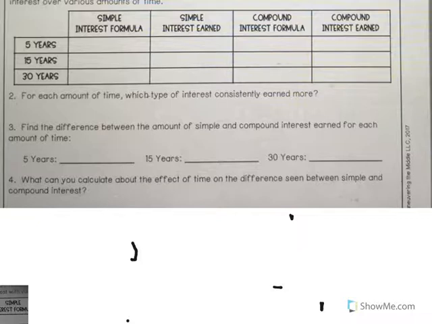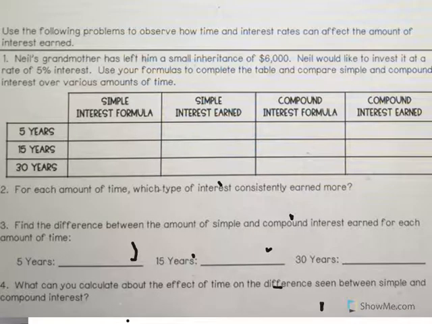So for our simple interest, it's just simple calculation, right? So we're going to do our simple interest, and I'm going to see if I could zoom this in a little bit more. I think that might be a little better. Okay, so here we go. Our simple interest for 5 years. Well, we know this formula. You're just going to take your $6,000.